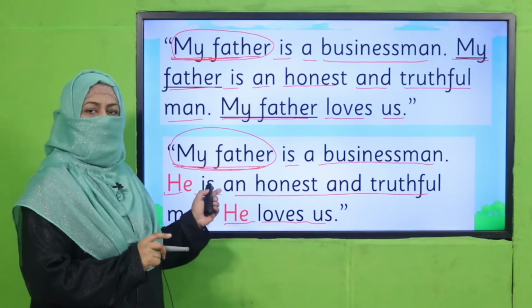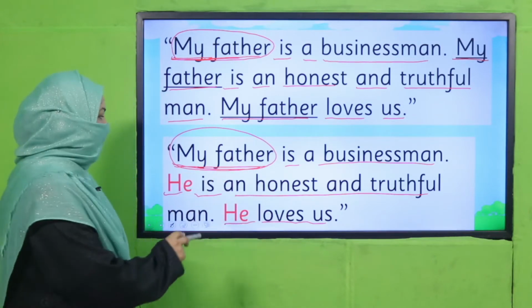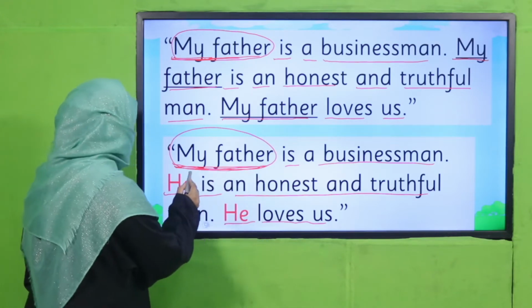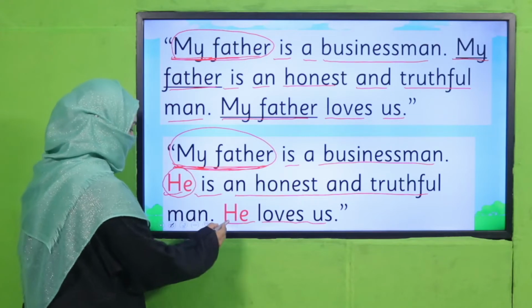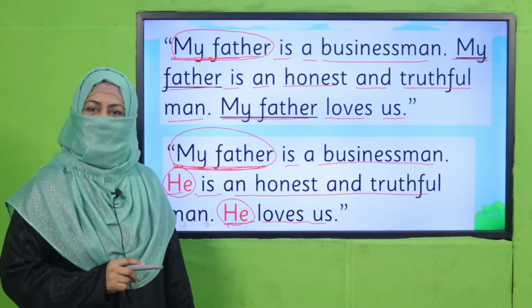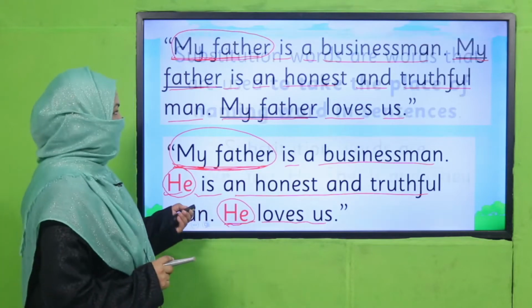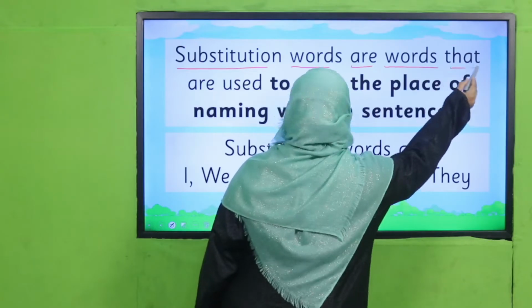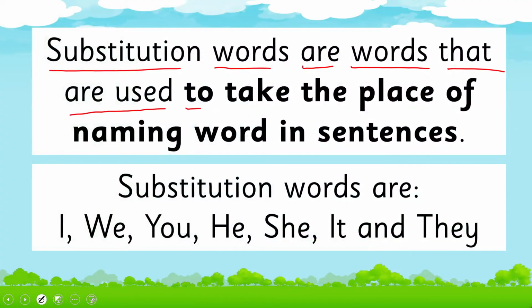Now you see, my father is the naming word for these sentences. And when we are writing again, instead of writing this naming word again, we have written He. And He is substitution word, right? Okay. So substitution words are words that are used to take place of naming words in sentences, right?